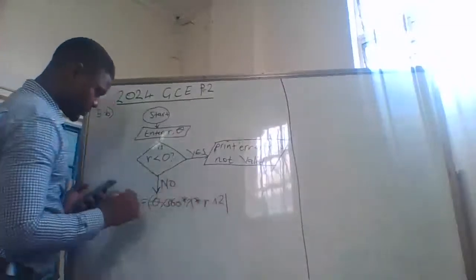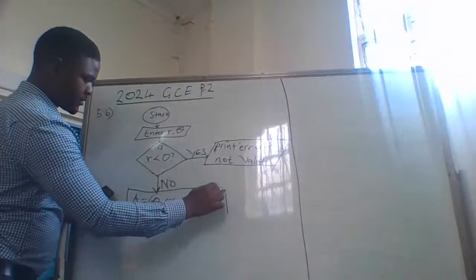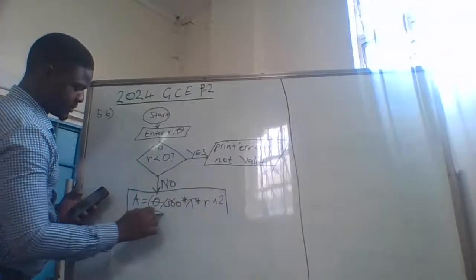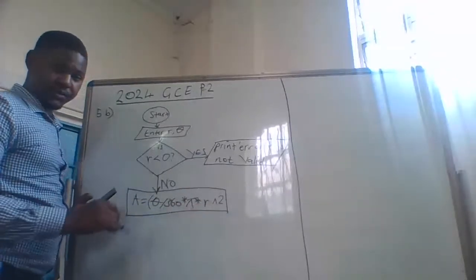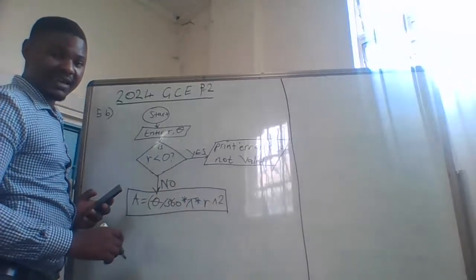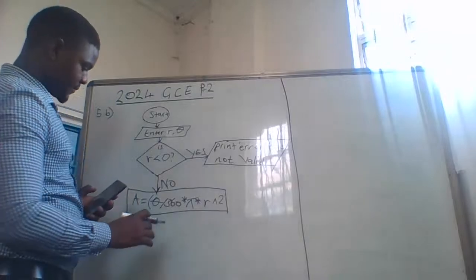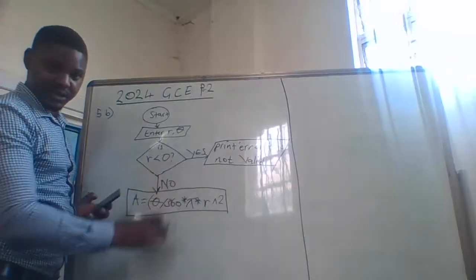This one will be enclosed in a symbol for process. This is the symbol for process. It looks like a rectangle.